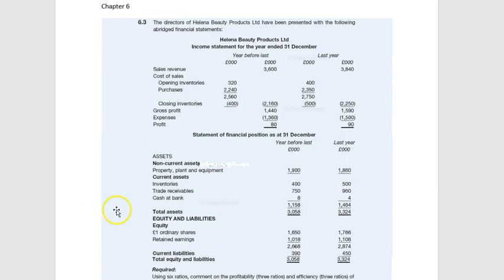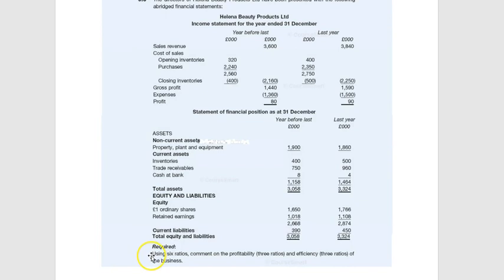So for this question, 6.3, use 6 ratios to comment on profitability and efficiency ratios of the business. So you look at this and you apply the ratios from the lecture, and it says comment on the profitability. So that gives you an opportunity to say something about the ratios in the cautious manner that I hopefully have been conveying to you.